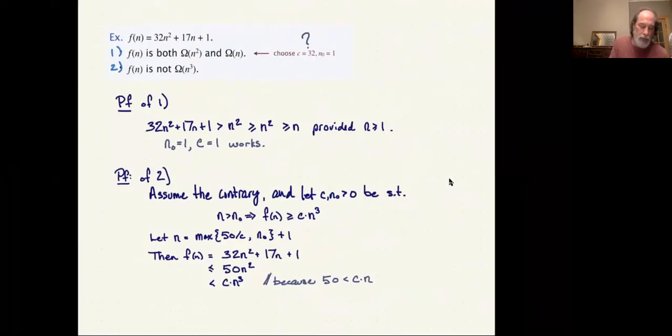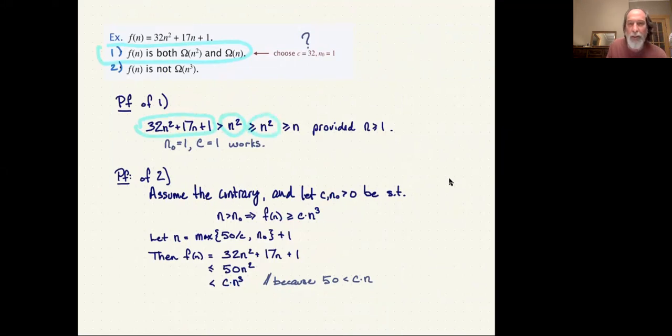So let's do these two examples. We claim f of n is big omega of n squared and big omega of n. How do we prove that? It's pretty simple. There's f of n. It's obviously bigger than n squared as long as n is at least 1, and n squared is the same as 1 times n squared.